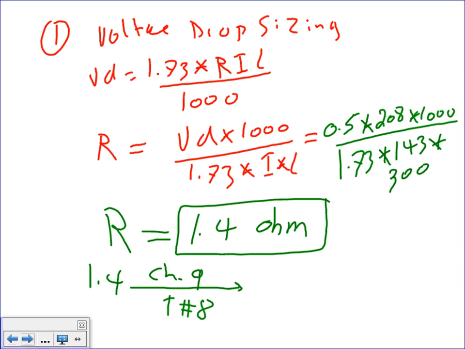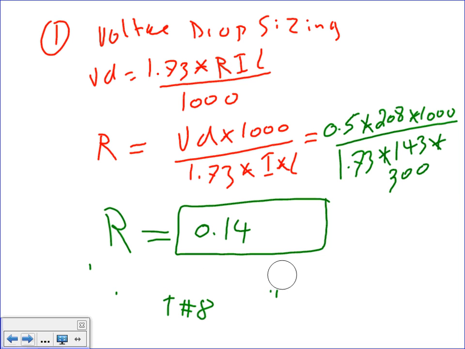Under copper, uncoated. Number 8. It should be a 10 or something. It should be 0.1. Should be 0.14. Is it 0.14 or 1.4? 0.14. And we moved away with that one, huh, guys? That's what I thought. It's a little bit small.